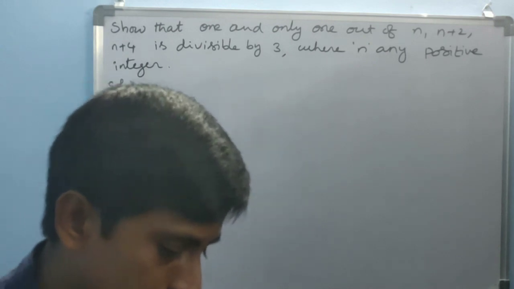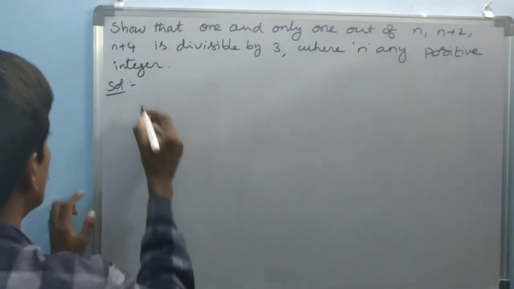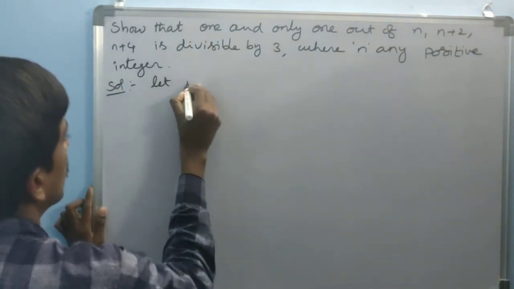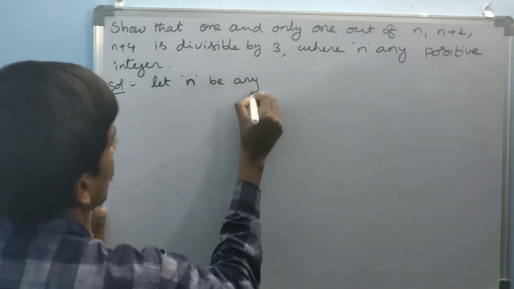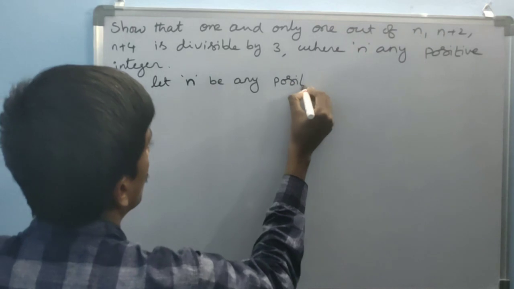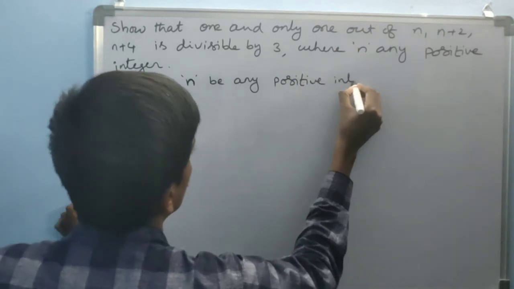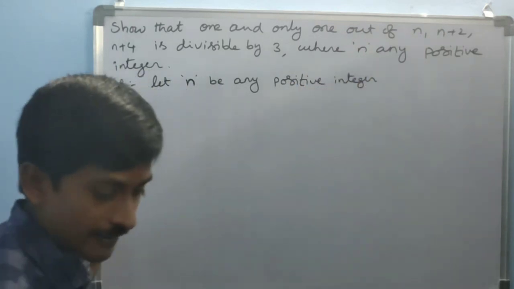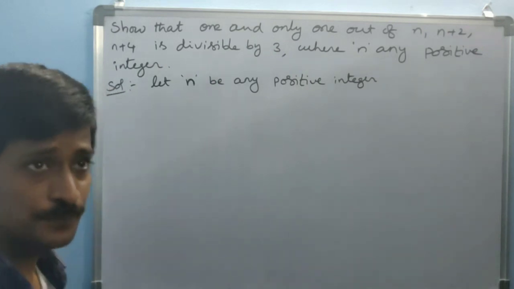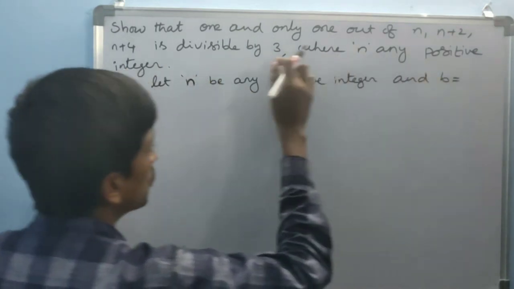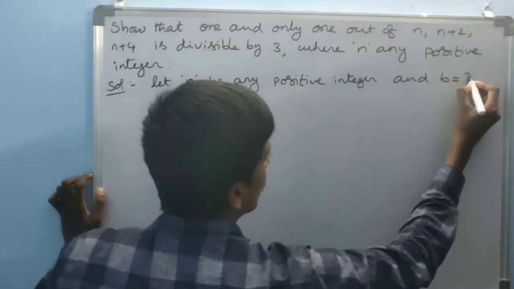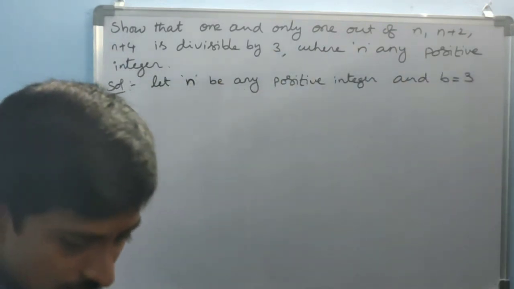n is any positive integer. Let n be any positive integer that is given, and b equal to the divisor, which is 3.